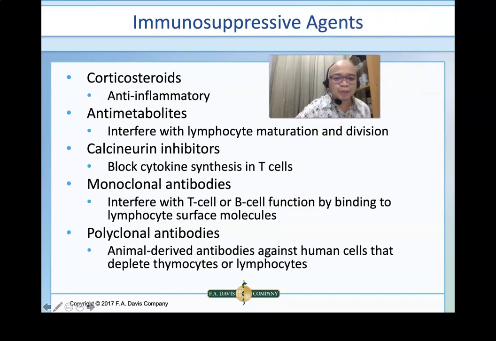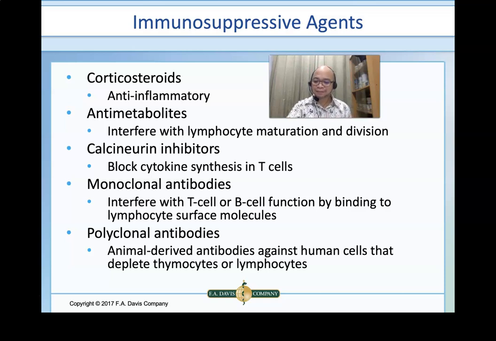Therefore, in order to prevent graft rejection, the majority of these recipients would need to undergo or take immunosuppressive drugs, such as corticosteroids. Corticosteroids are anti-inflammatory.